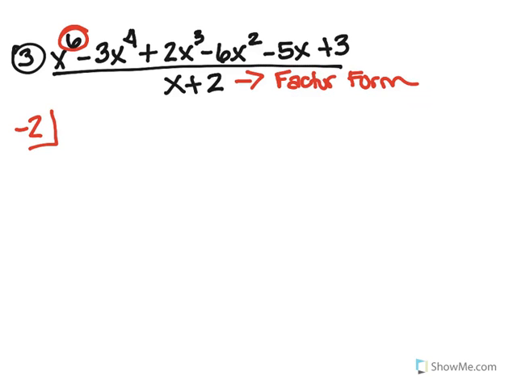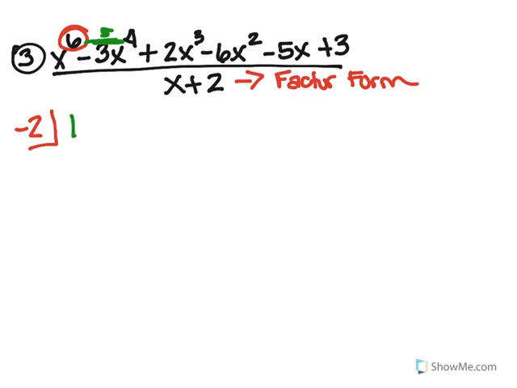Now, if you notice your top polynomial, you are missing a 5th degree term. You go from 6 to 4. You're missing the 5th degree. Okay? So you're going to have to remember when I list my coefficients, I have to have a 0 in that place. So let's do that.